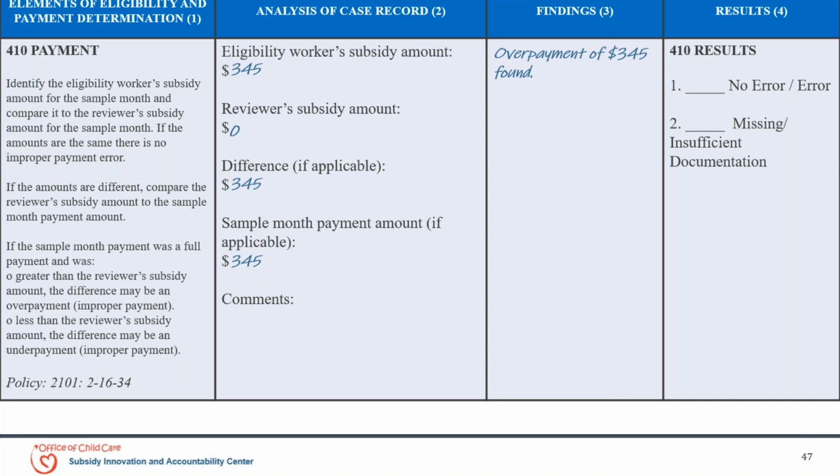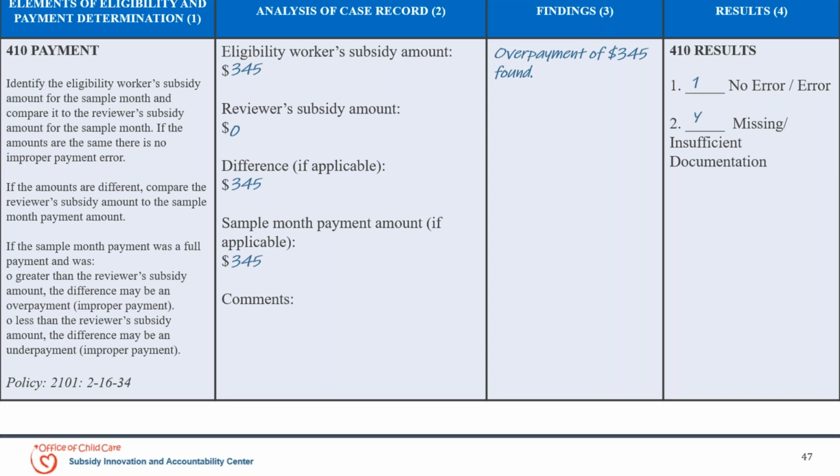I don't have anything in the comments here. Again, sometimes we see in 340 or in element 410, do the math. So we might use the comment section here to figure out what the subsidy amount was, what it should have been. I noted in column 3 that there was an overpayment of $345 due to the fact that the entire case was considered ineligible.